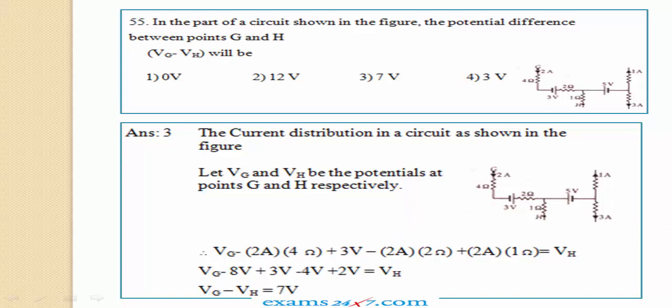The current flow from H through 1 ohm must be as shown because the current through 5 volt battery is 4 ampere. Hence, Vg minus 2 into 4 plus 3 minus 2 into 2 plus 2 into 1 equal to Vh. That is Vg minus 8 plus 3 minus 4 plus 2 equal to Vh, or Vg minus Vh is equal to 7 volt. The answer is 3.